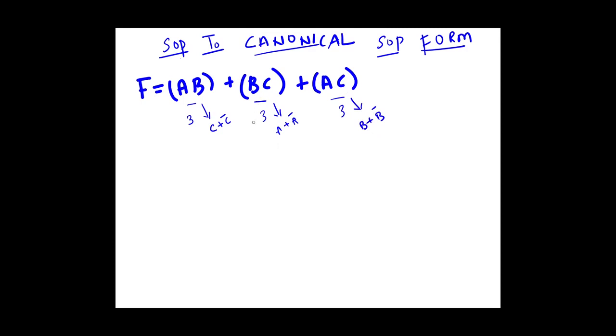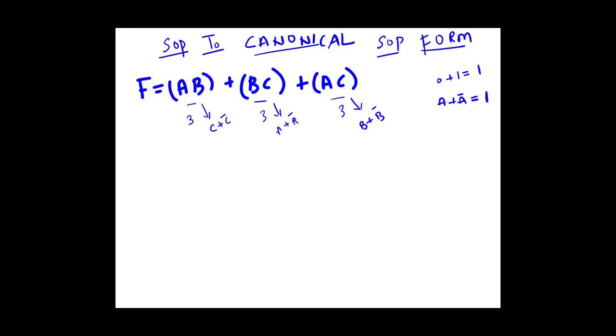Before multiplying with them, first we'll see what A plus A bar is equal to. It is equal to 1. We already know the Boolean laws, and one of them is A plus A bar equal to 1. If I take A equal to 0, then 0 plus the complement of 0, which is 1, gives 0 plus 1, which is 1.